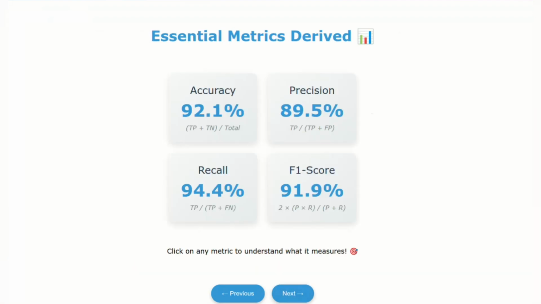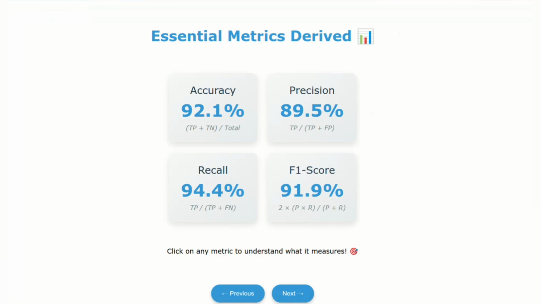Here's where the confusion matrix becomes really powerful. From these four basic components, we can calculate several important metrics. Accuracy. Accuracy equals TP plus TN divided by TP plus TN plus FP plus FN.